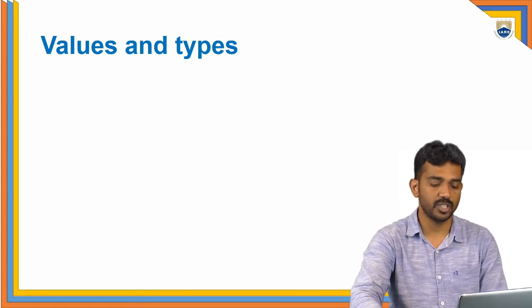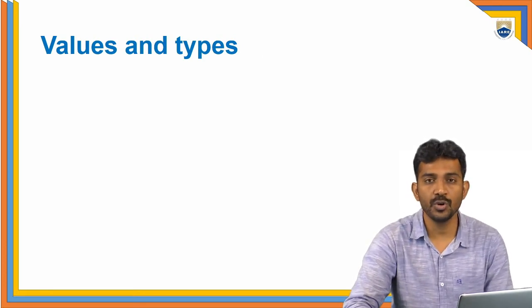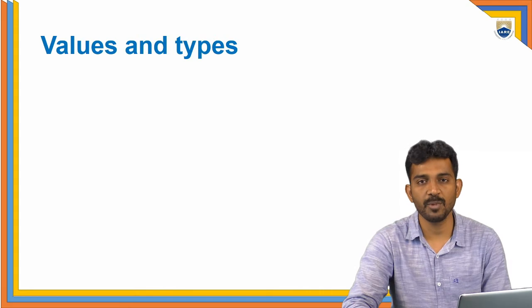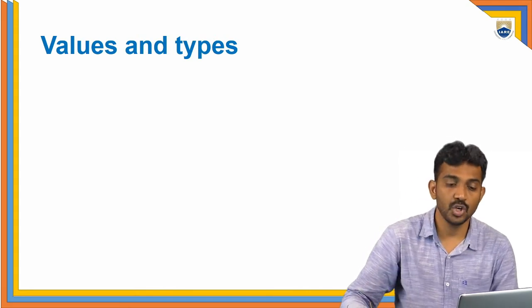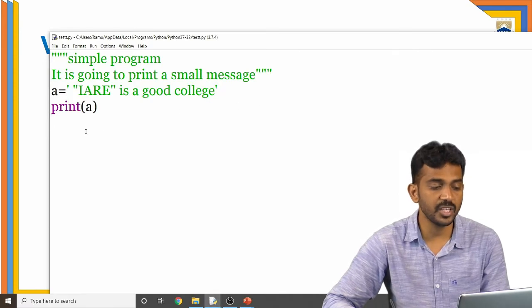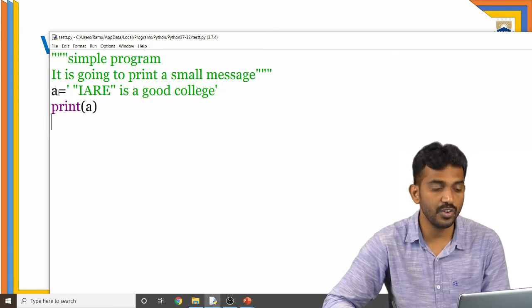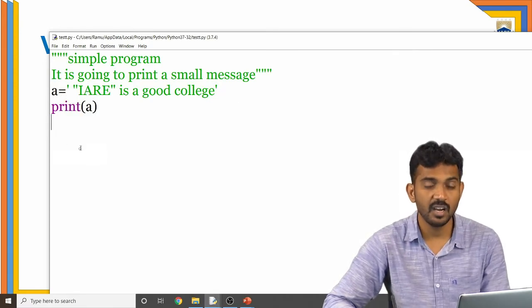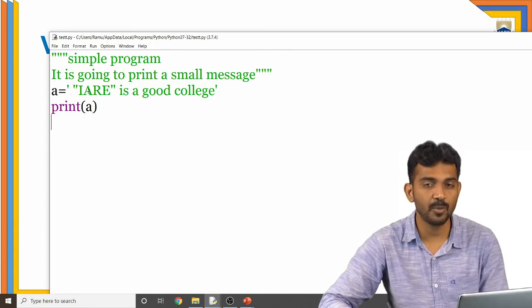Next, values and types. You know one thing, Python is a typeless language. Just now you've already seen, right? Here I mentioned A, but I didn't mention the type. Is it integer or float or character? I'm not mentioning anything.